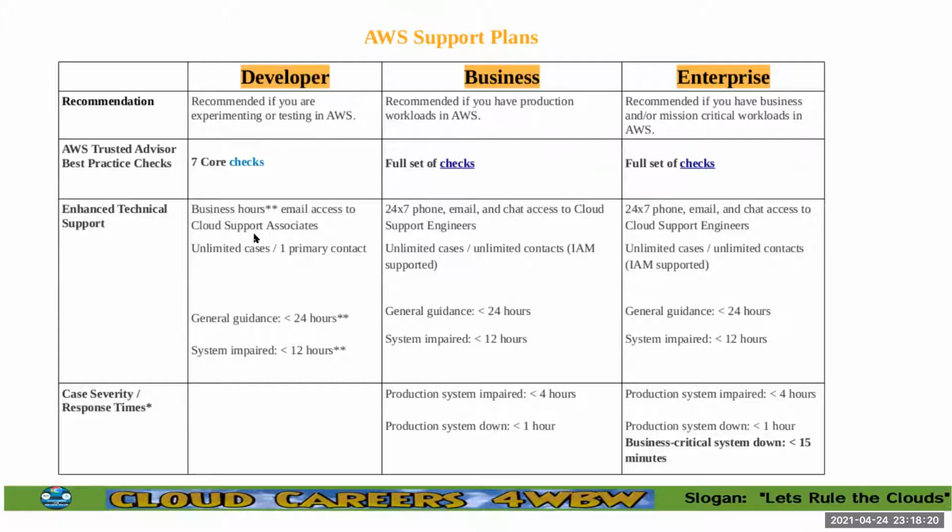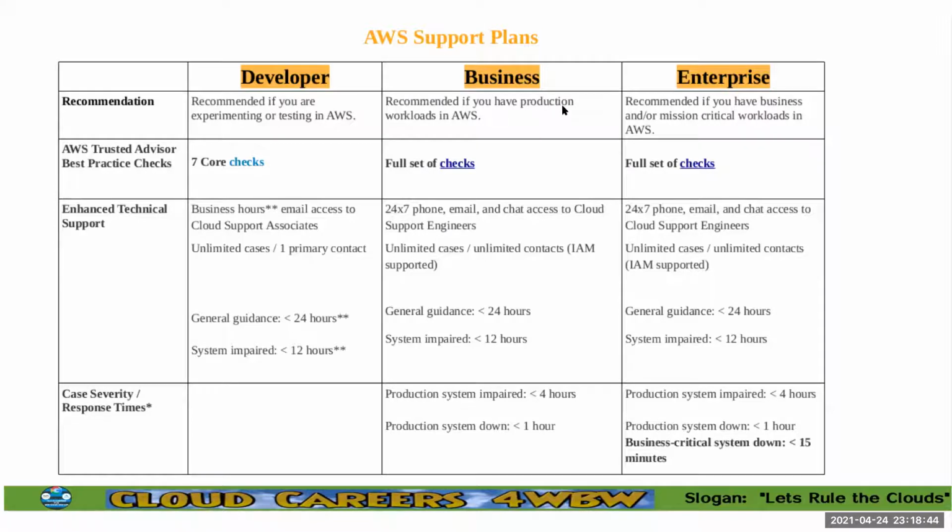But they may mix some of the items. They may say you have production workloads and you need at least one primary contact. Which support plan will be suitable?